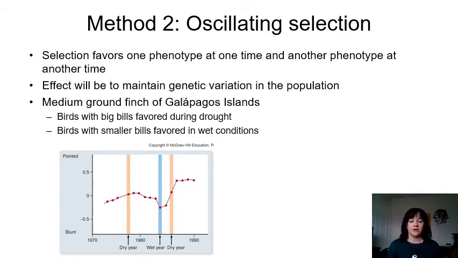During drought, there's not much food around, and if you have a bigger bill, you are more able to eat big seeds. And if you have a smaller bill, you just can't eat those, and so you die because you starve. Sad, right? So if you have the environment changing or selection favoring one phenotype versus another, and it's bouncing back and forth over time, you are going to have a lot of variability in your population, because one trait isn't always the best.